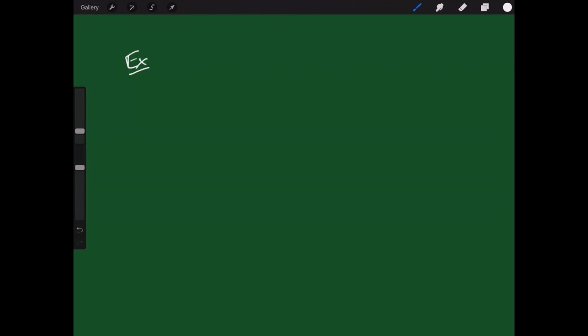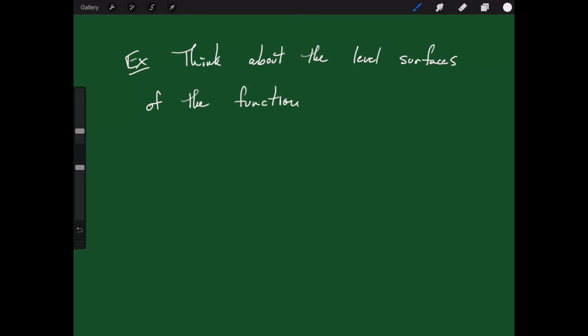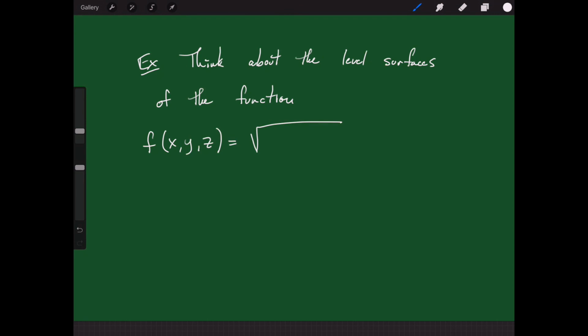So think about the level surfaces of the function f of x, y, z is equal to the square root of x squared plus y squared plus z squared.